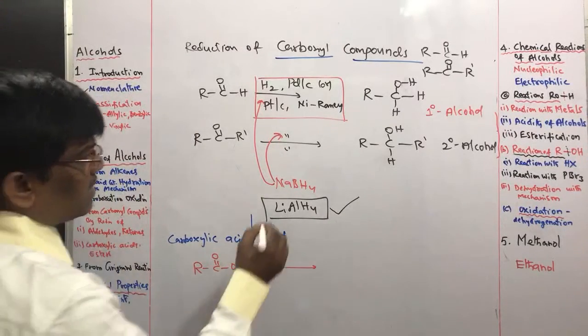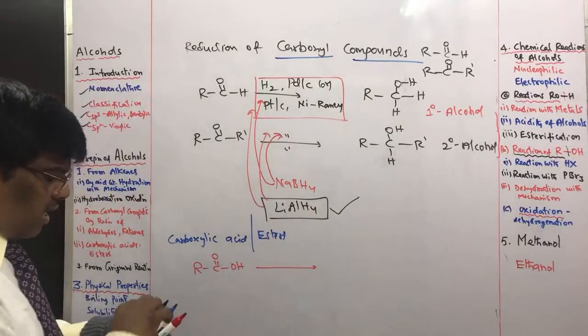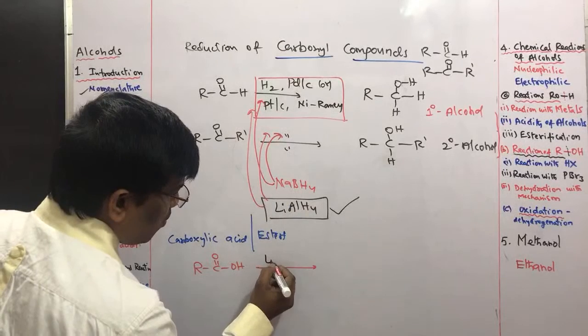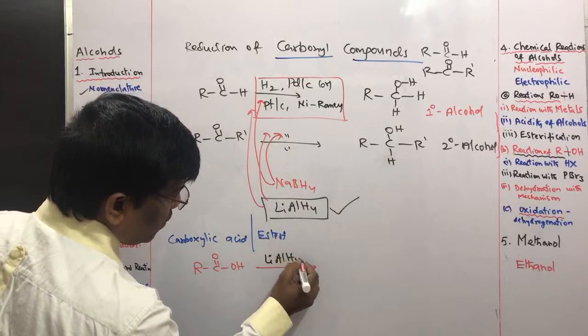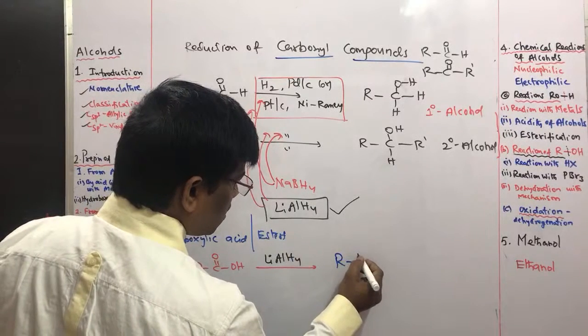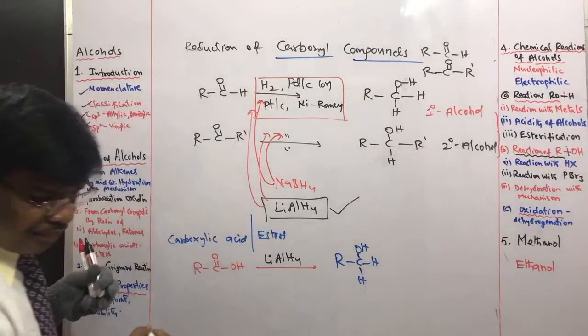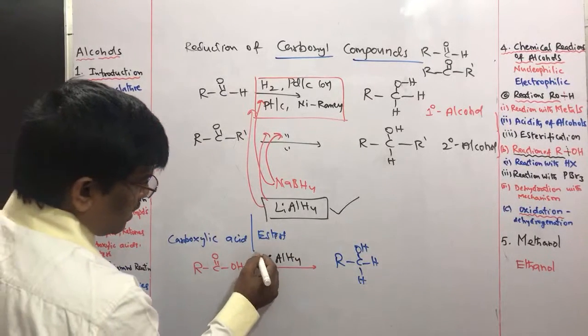In this case, lithium aluminum hydride can reduce this carboxylic acid to RCH2OH, and this is the first step.